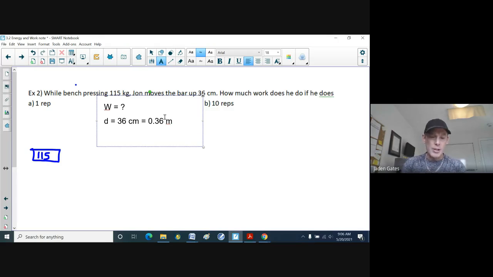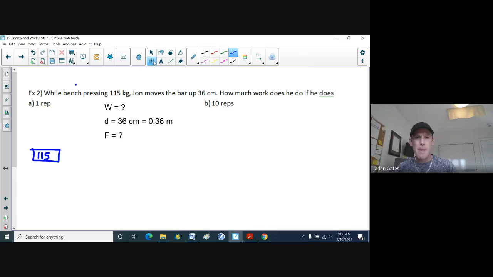Now, here's the thing, we have the mass. We need the force here. We don't have the force to substitute into our formula. But this weight pulls down with the force of gravity. So this is from our last unit, which is Fg.